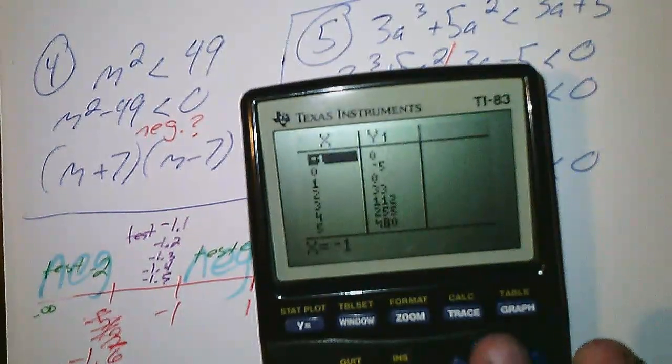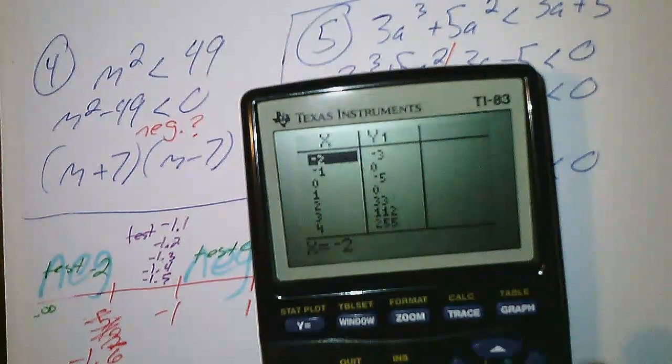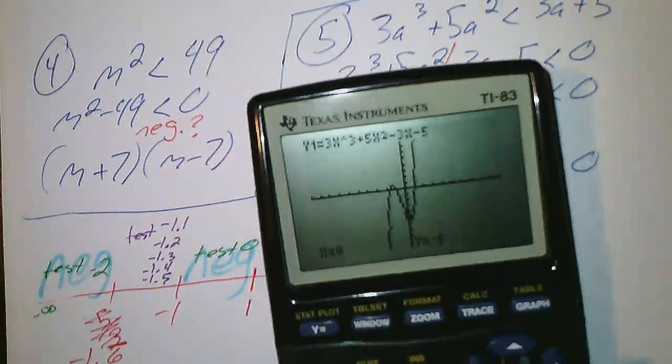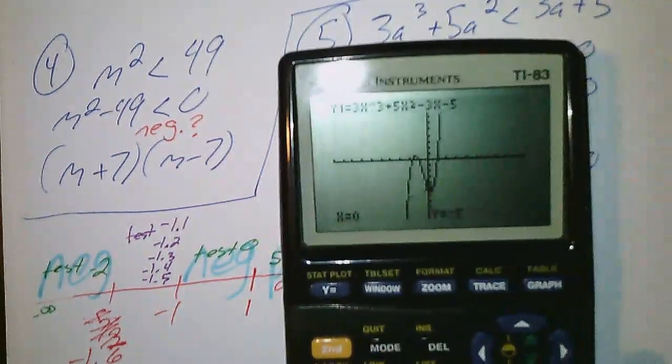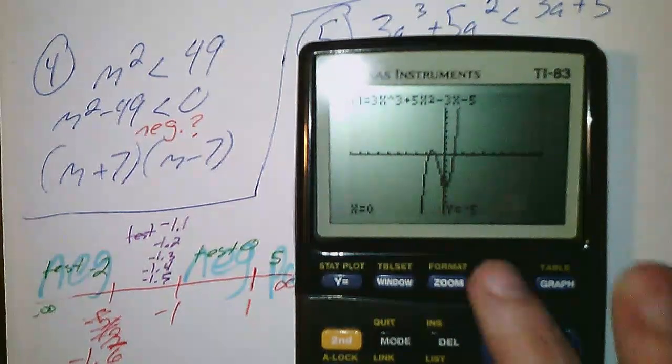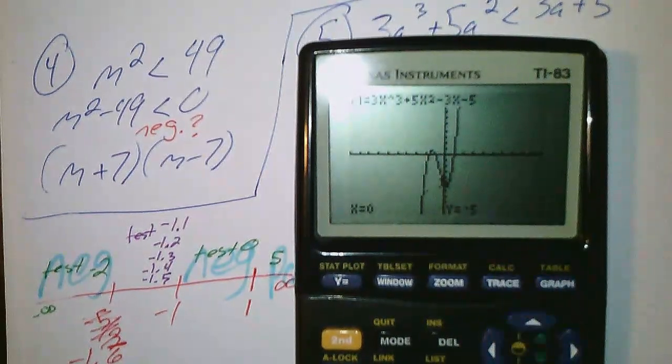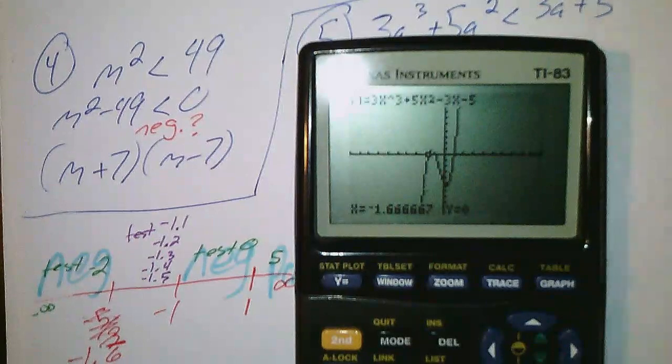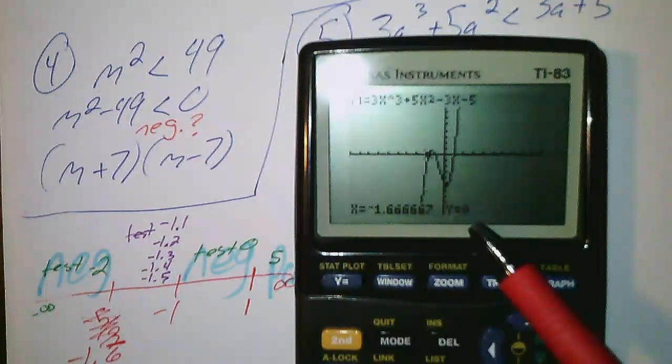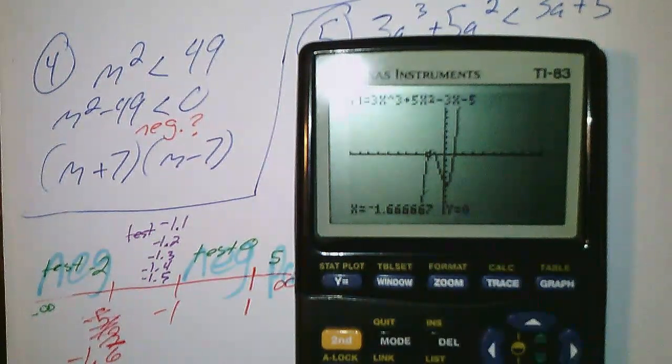The table is not going to help us with values such as -5/3. But this is why I constantly tell you about the trace button. If I hit trace, I can type -5 divided by 3, and it tells us that y is 0.